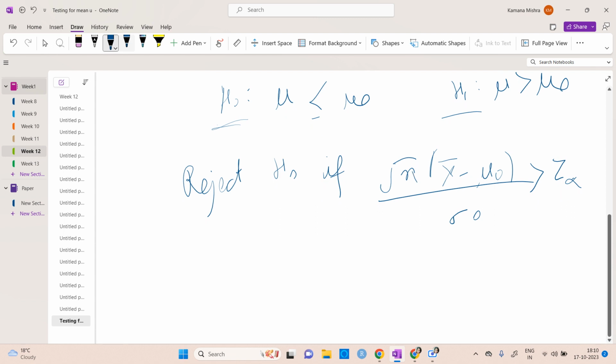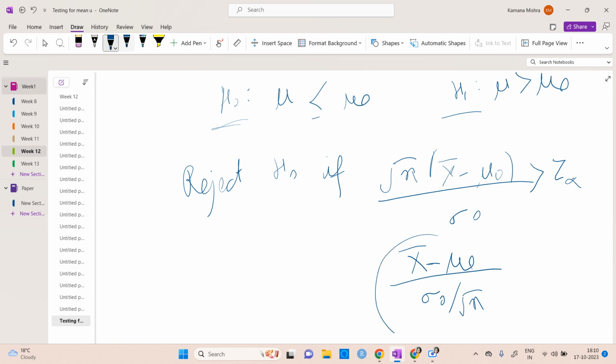Firstly, if we have n samples, we write z as x bar minus mu divided by sigma upon root n, where n is the number of samples. So this is our z. What we are saying is that we reject the null hypothesis if z is greater than z alpha.